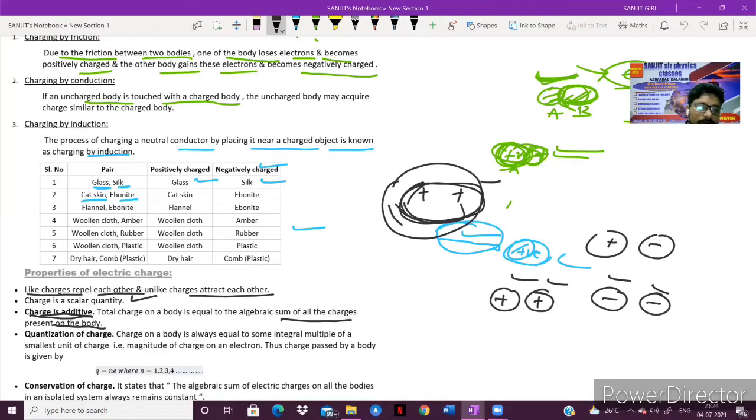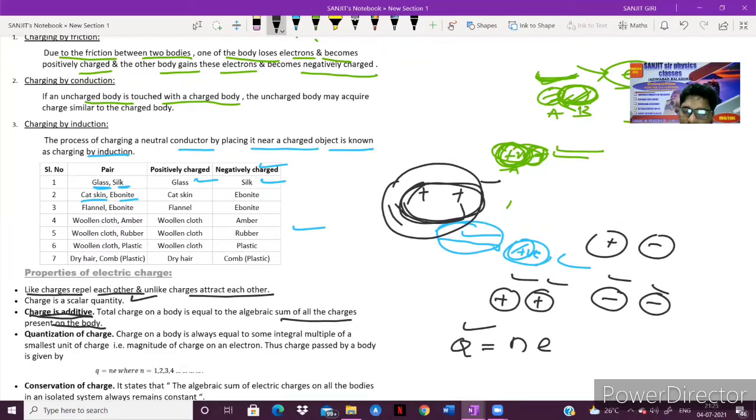And the next one is quantization of charge. Quantization of charge means the total charge of a body is always equal to an integral multiple of the smallest unit of charge. If q is the total charge of a body, it is equal to an integral multiple of the smallest unit of charge, that is the charge of an electron.